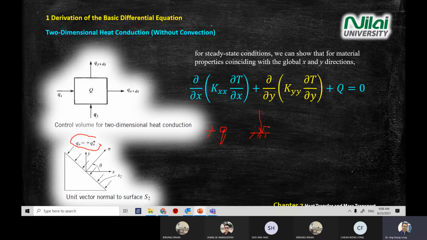All right. So we look at the normal direction of your Q. Your Q should always be pointing into the surface with its positive Q. And if you look at this diagram, it is 90 degrees to the surface.